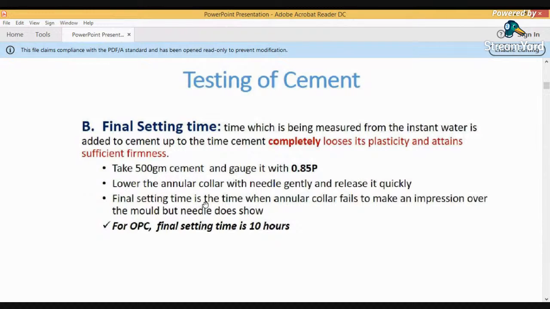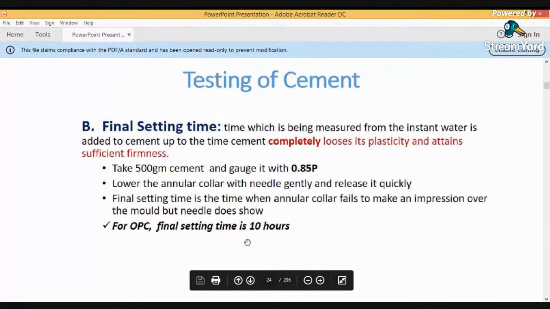Final setting time is the time when the annular collar will not make any impression over the cement mold, but the needle will show some mark. The annular collar is a circular kind of thing; it will not show any impression over the mold, but the needle can. For ordinary Portland cement, the final setting time is generally taken as 10 hours.